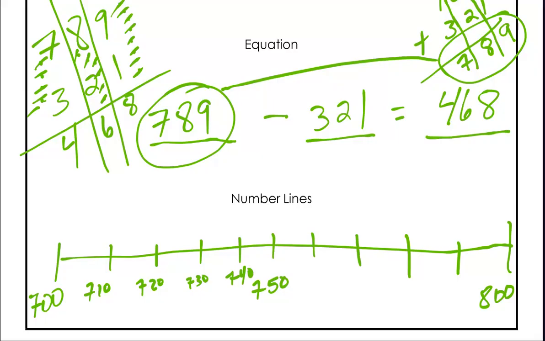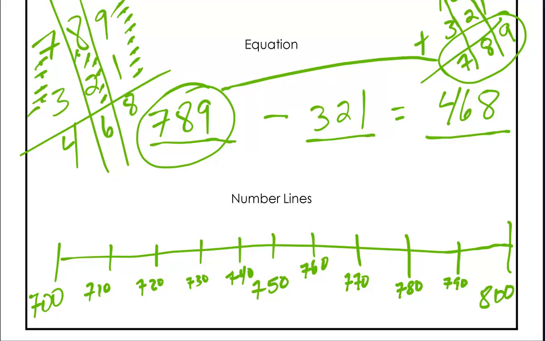So 760, 770, 780, 790. Now remember, if I'm going too fast, you can always pause or rewind. Okay. So 789 is going to be between what? 780 and 790.